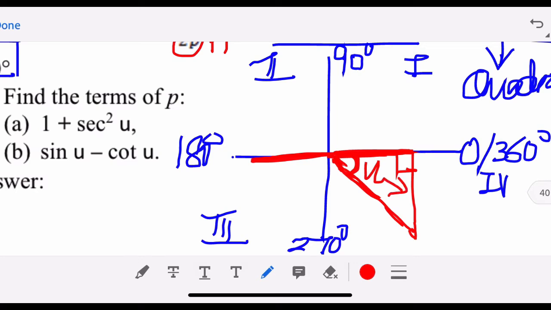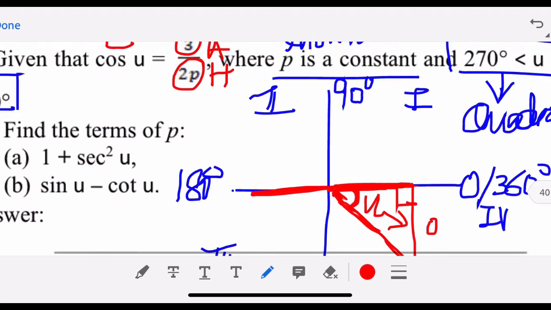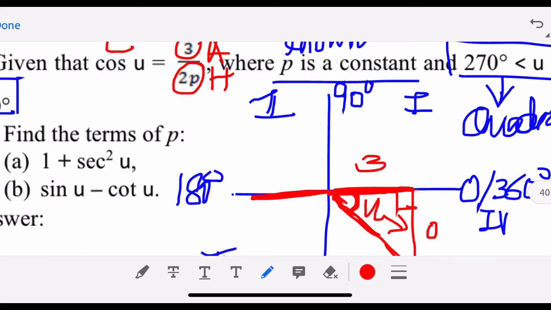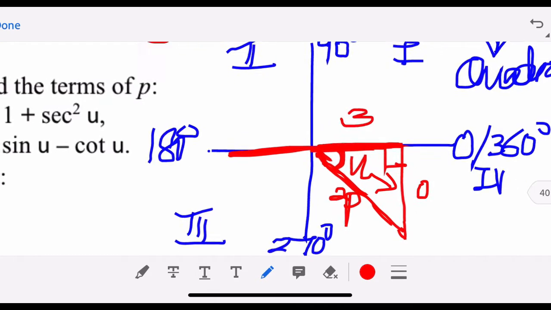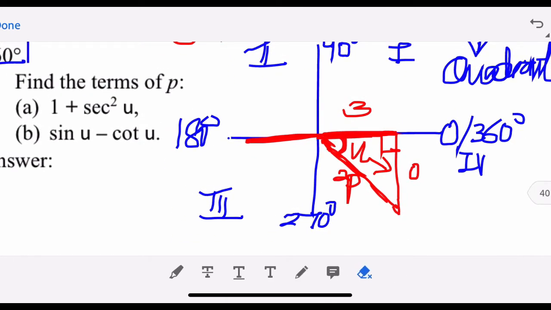This is the opposite, so the adjacent is 3 here and the hypotenuse is 2p here. For any trigo function, before you start, you need to find all the sides. Let's say you're not sure about this one. You can call it an unknown, but don't use p. You can use k or x, no problem.